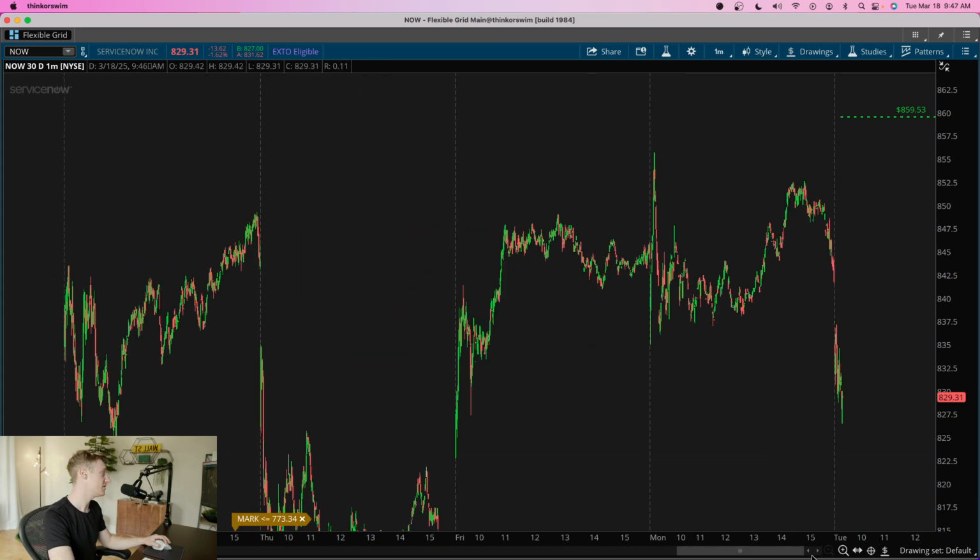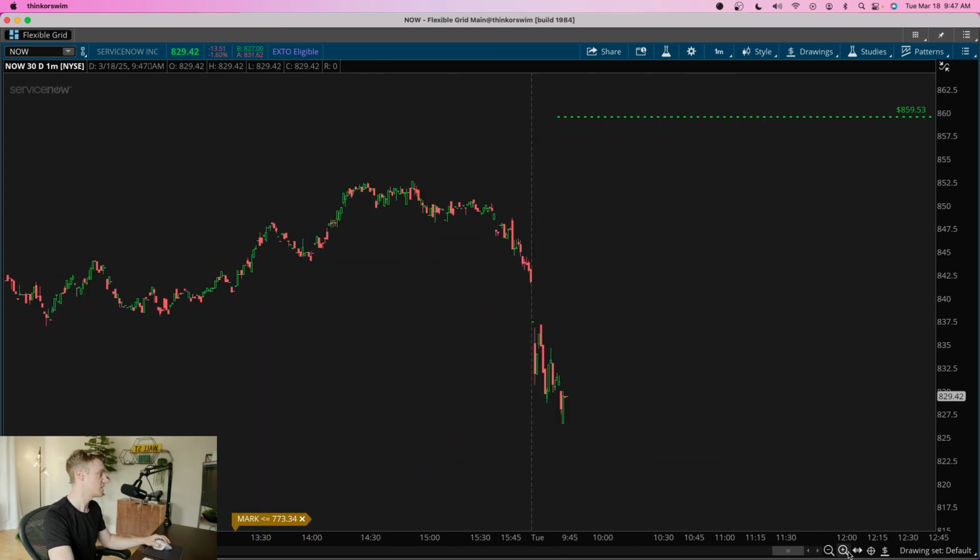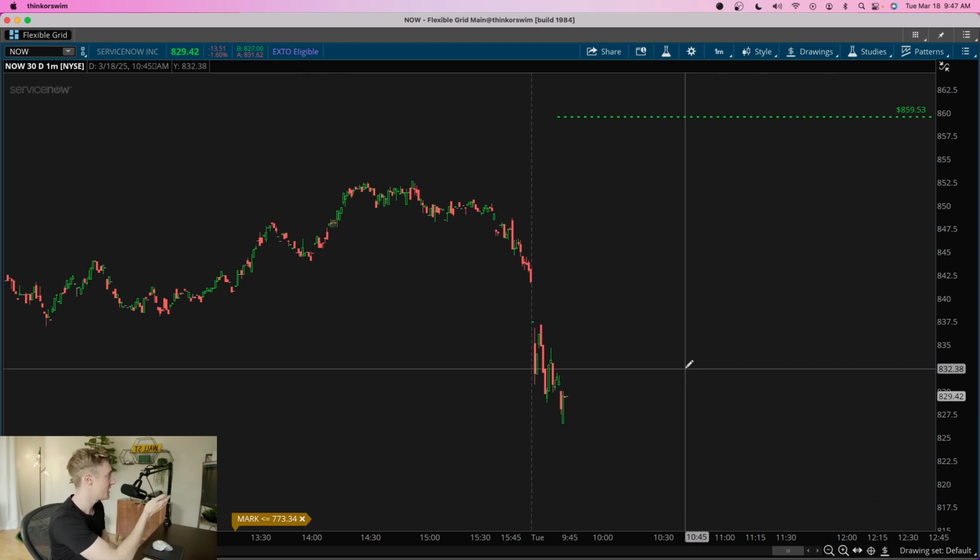If our average daily range is 3.5, there's a very good chance it's going to get hit. From that point, throughout the last 29 days, how often did NOW move down 1.75%? I don't know the exact probability, I have to figure that out. And the probability that NOW moved up 3.5% over the last 28 days is probably pretty high.